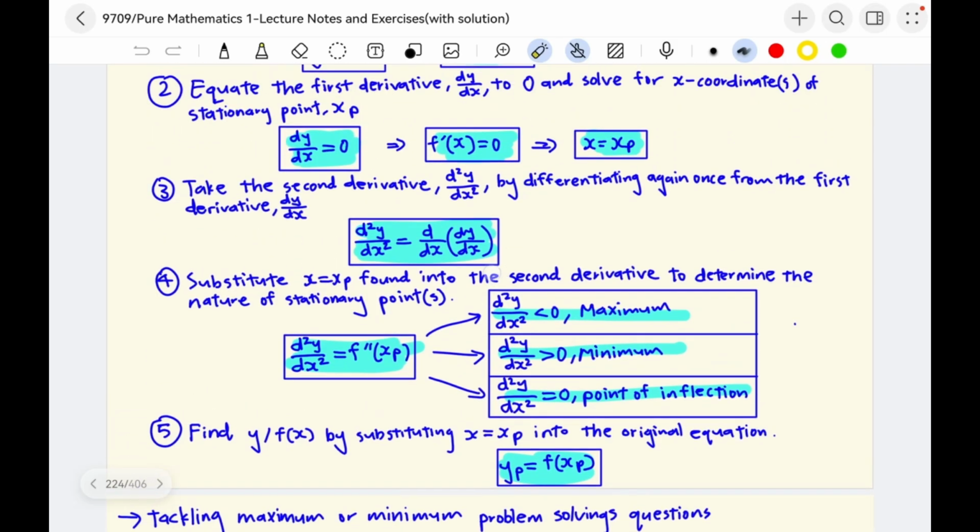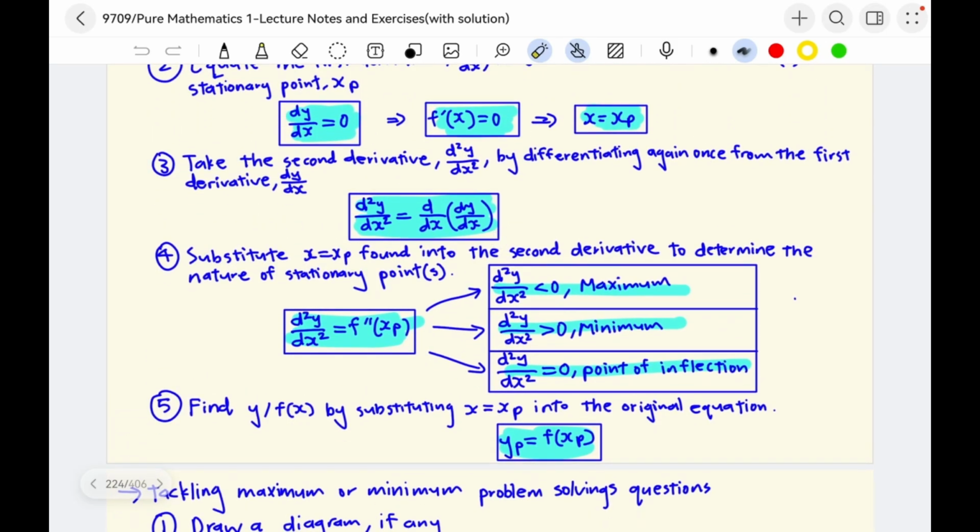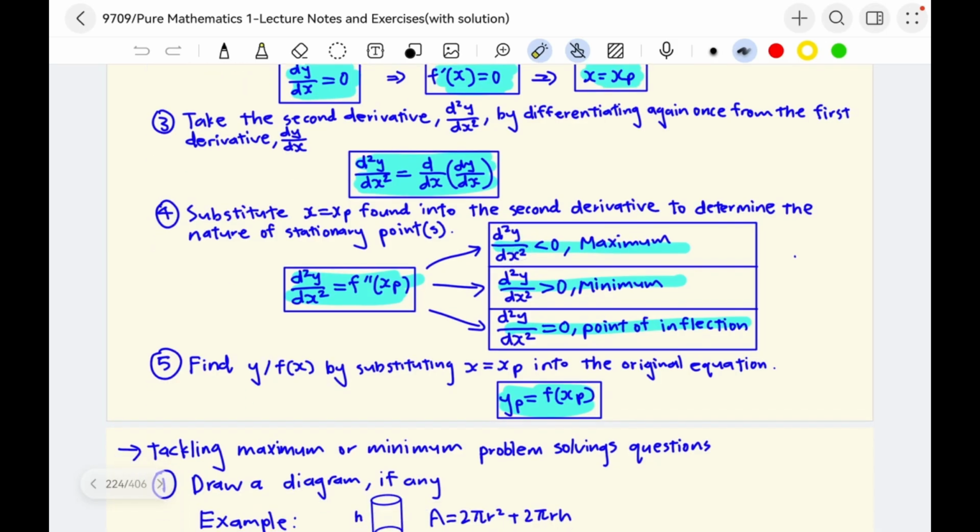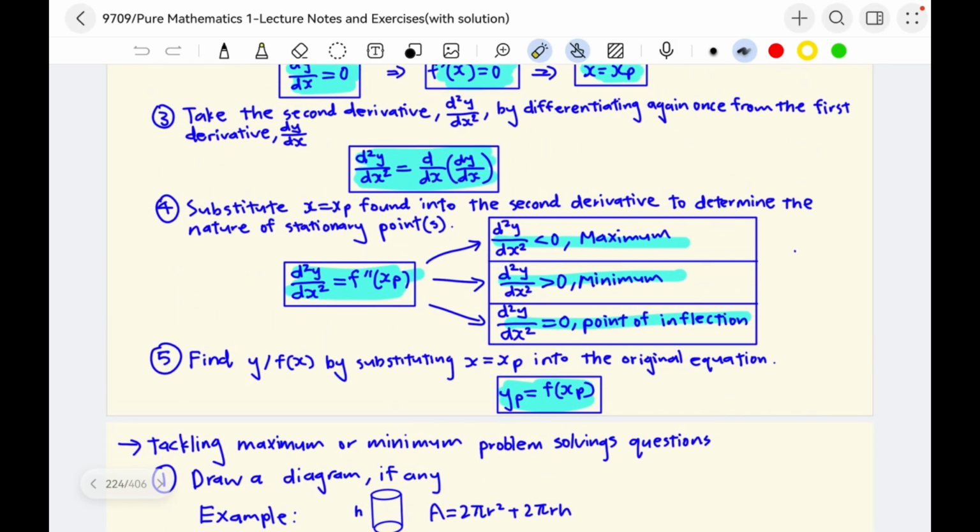But if the question asks you to find the coordinates of the stationary point, of course you need to get the y coordinate by substituting the x coordinate that you found from dy/dx equal to 0 into the original equation. And then you may restate the coordinates of the stationary points as well as their nature, if any.